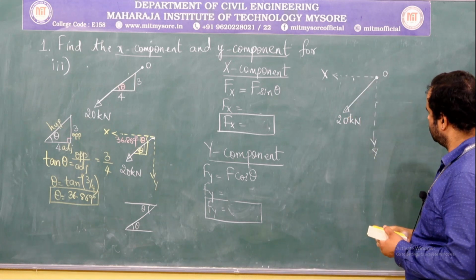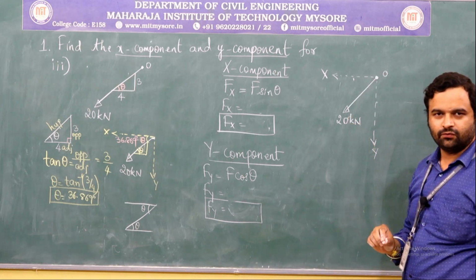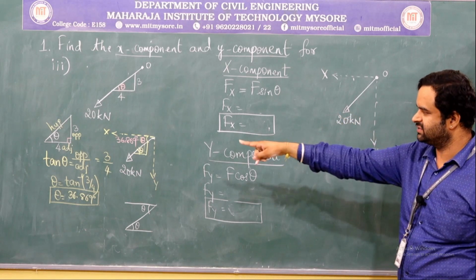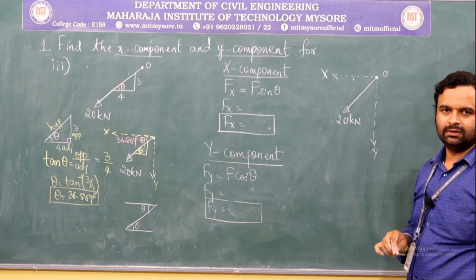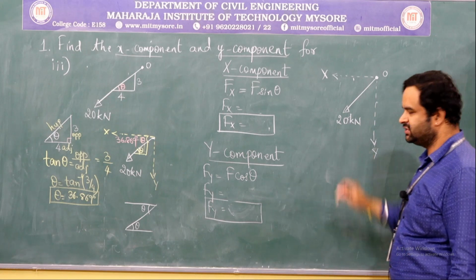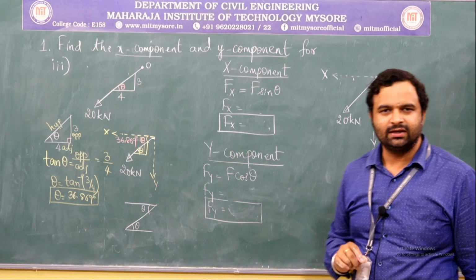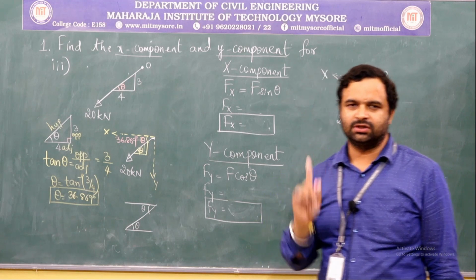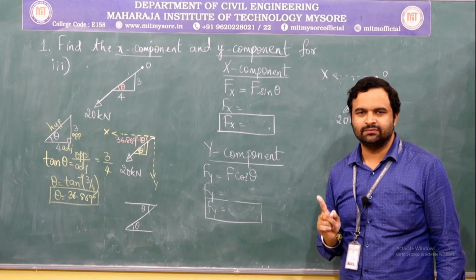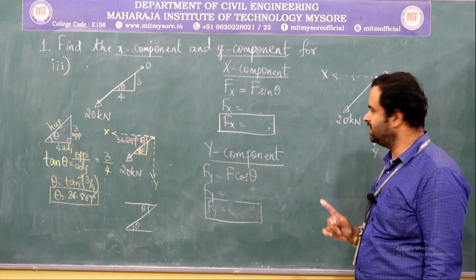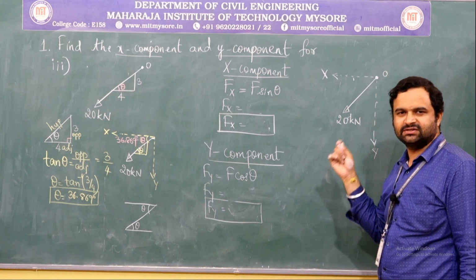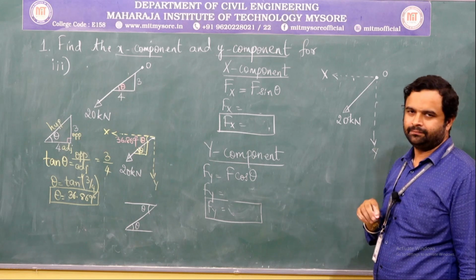Now, try to resolve this 20 kilonewton force at an angle of 36.869 degrees with respect to the horizontal axis. Observe this force is lying in the third quadrant. In the third quadrant, what are the sign conventions? Both x and y are negative, and write the arrows of Fx and Fy accordingly.